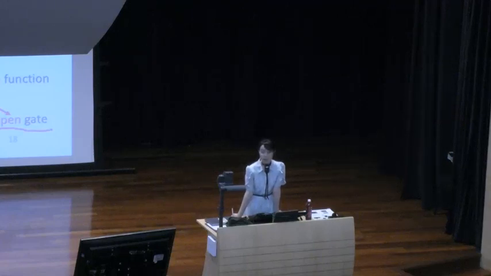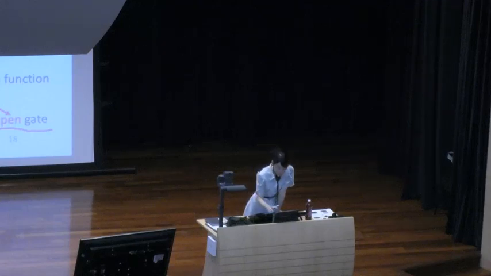Okay? So now we have different gates, and the different gates control different things. In the input gate, we have a signal to control whether we need to open or close the input gate. In the forget gate and output gate, we also have this type of signal to control whether we need to open or close the gate. Okay, so this is actually the basic thing that we need to know about the LSTM.